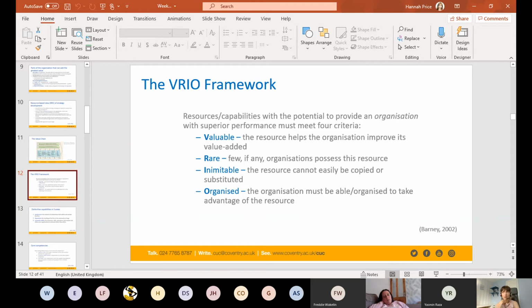Can anyone think of a competitive advantage that truly meets those criteria that their organisation's got? I think anything that's got a patent on it is inimitable for the foreseeable future. Yes.